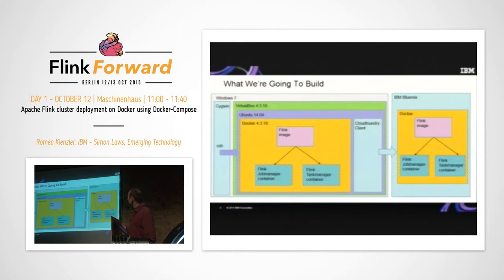And when I'm able to run this successfully on my laptop locally, I can then push this into the IBM Bluemix cloud, and I'll talk a bit about what that is in a moment, using some more command line tools called the Cloud Foundry client from the Ubuntu image.